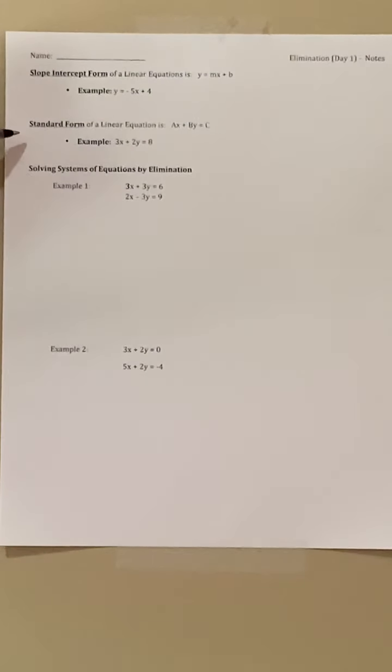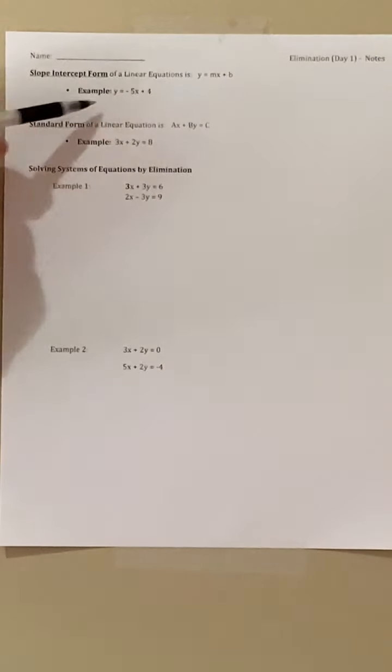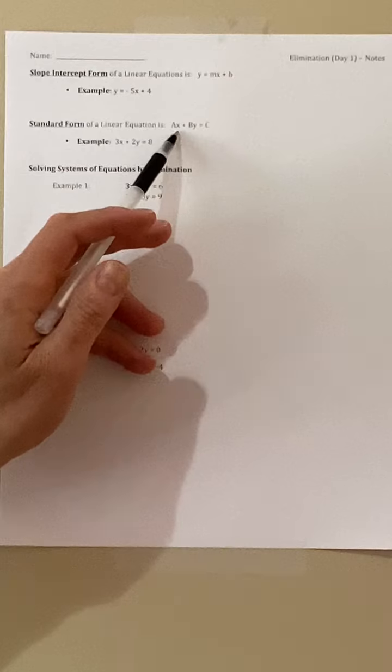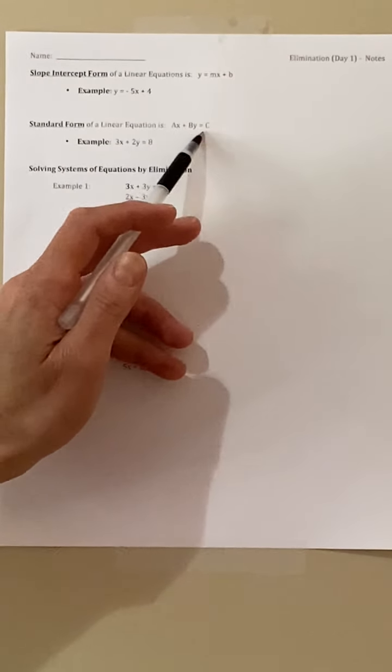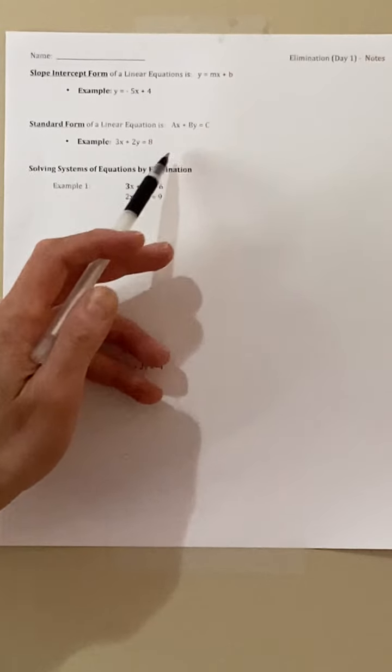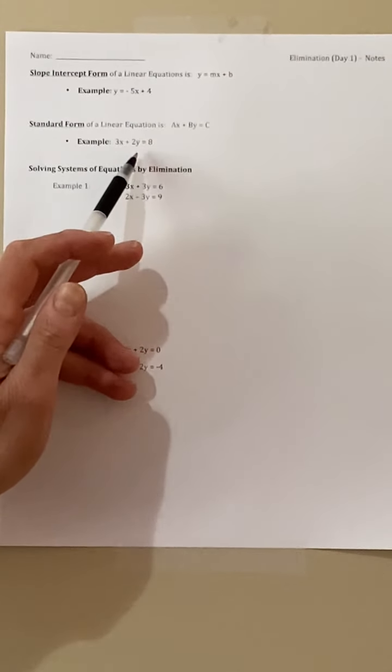Now, sometimes a linear equation has a different form. So you will see as we get to word problems, not all problems lend themselves to this form. Sometimes our equation is going to be in what we call standard form: ax plus by equals c. So this is where our x and our y are both on the same side of the equation, and they may both have coefficients in front of them.